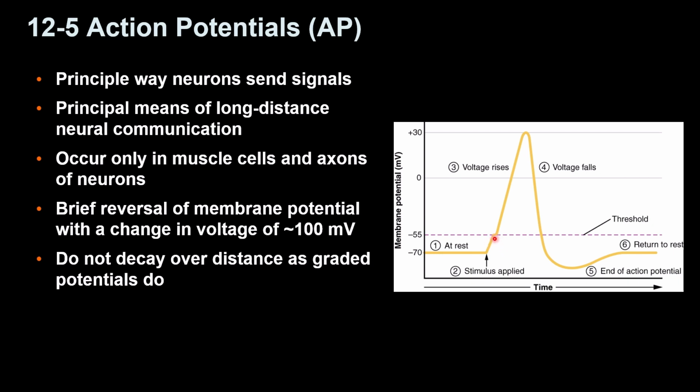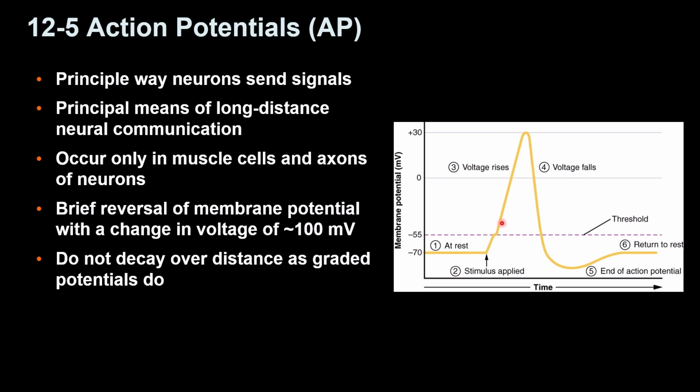If it goes above a specific millivolt, which varies from one neuron or one tissue to another, that is called the threshold. If it goes above that, then it will cause an action potential. If it does not go above that, it still causes depolarization but not action potential.